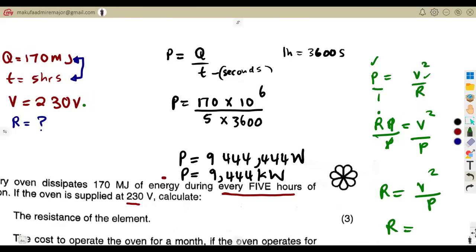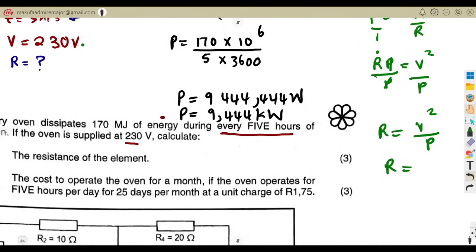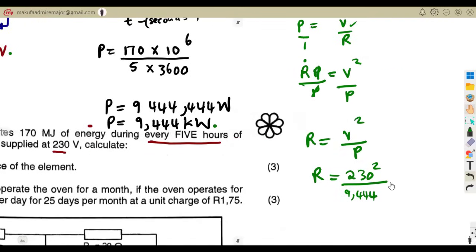V squared, the voltage that you are given there. What is your voltage? 230 squared over the power that we calculated, which is 9,444 kilowatts. Kilowatts simply means times 10 to the exponent of 3.